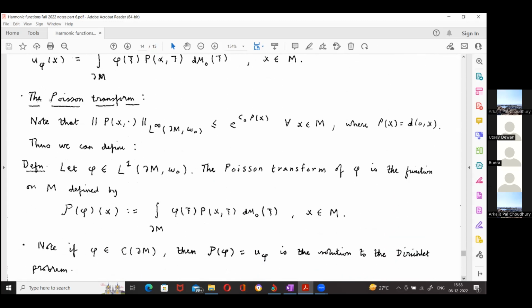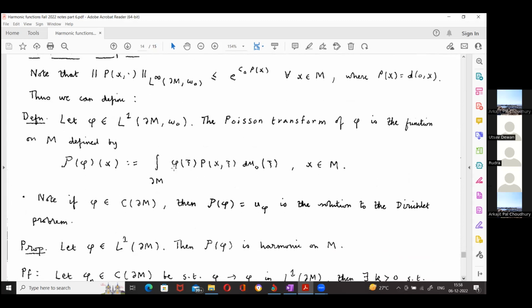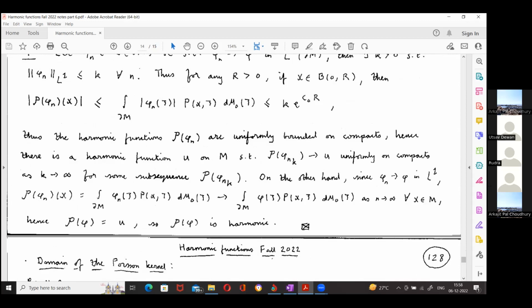And so we have a Poisson transform also. The Poisson transform goes from L1 of the boundary into harmonic functions in the inside. You just define it to be this Poisson integral. Okay. So what you have to show is that this Poisson integral is harmonic. So that's done in these notes. It's not too hard to do.